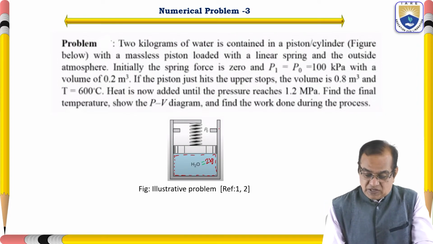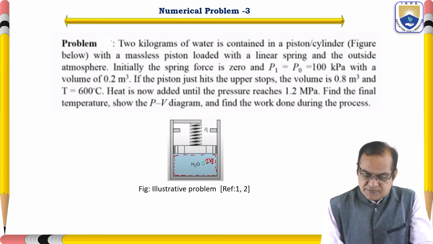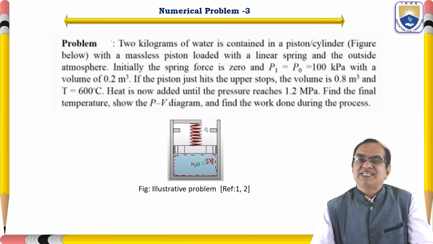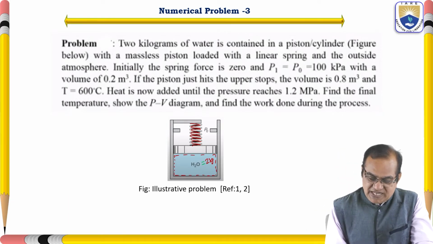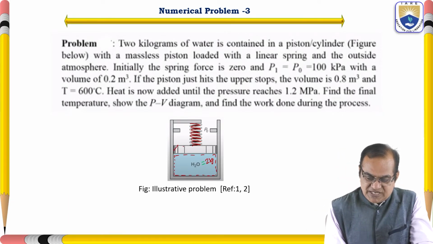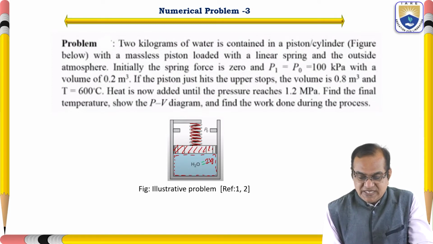Here we have a linear spring, because the force F applied by this linear spring is F equal to Kx, where x is the displacement of the spring. Initially the piston is here with 2 kg.